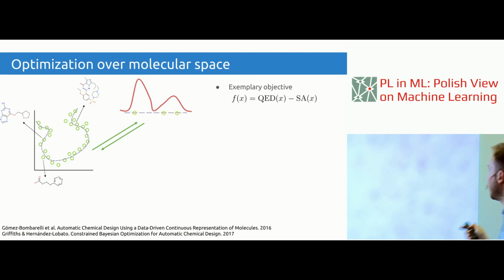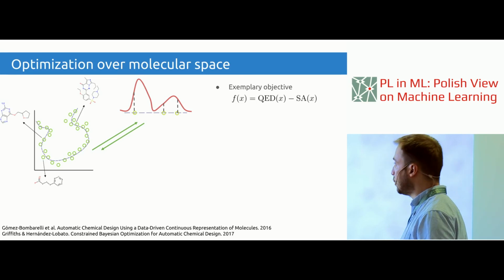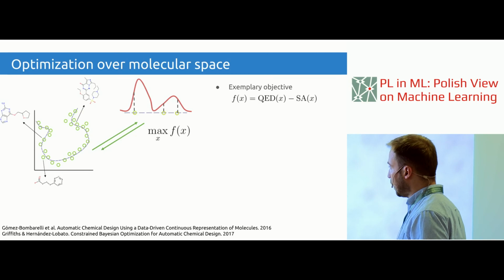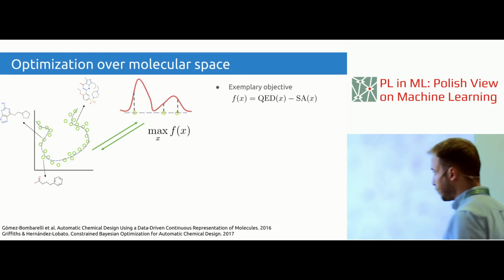This is just a function that can estimate that. And of course, you know some values of the function that you would like to optimize. And what you would like to do is, for example, maximize this objective.